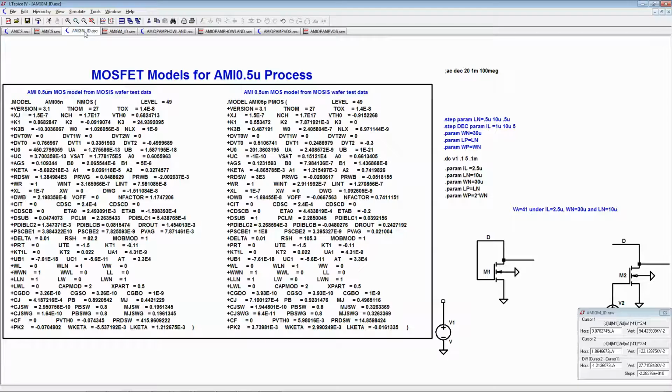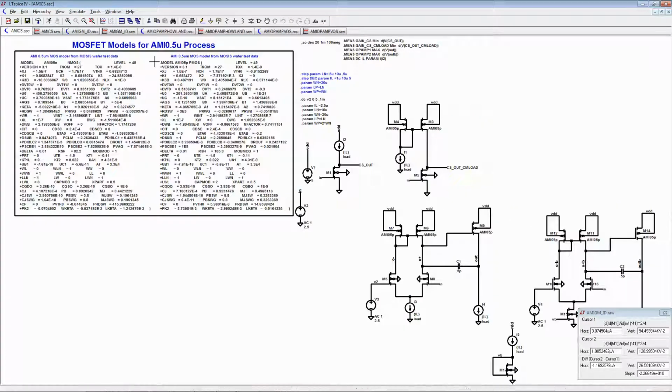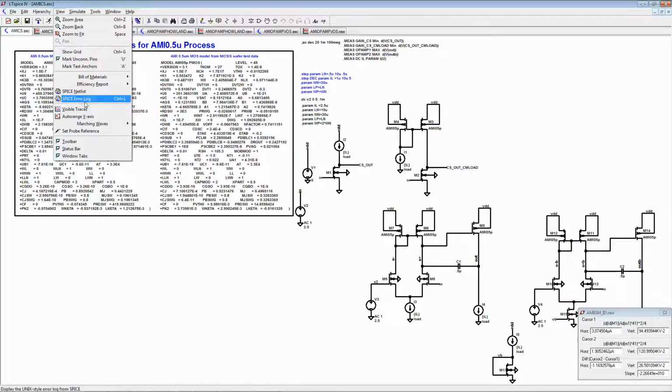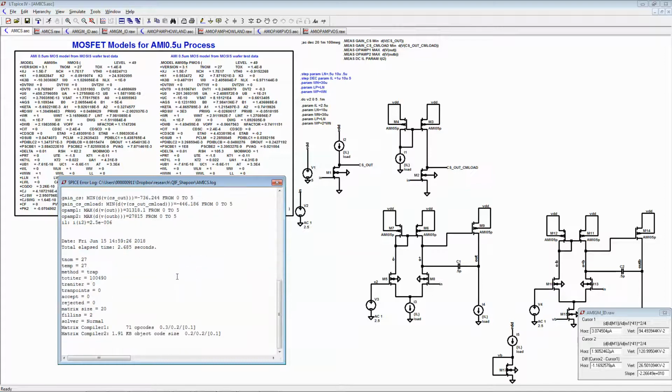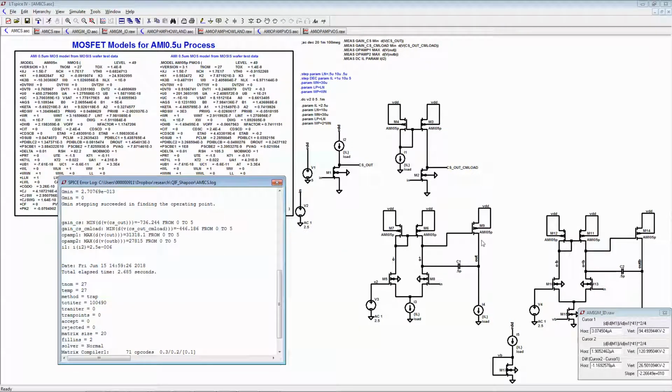Now, not really. And we'll see if I look at the gain of this with the ideal current source loads here, I get a gain of 31,000. All right, so it's off.